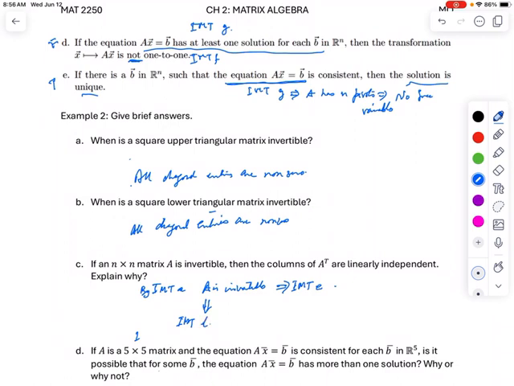So then by IMT E, A transpose has linearly independent columns, or columns of A transpose are linearly independent.